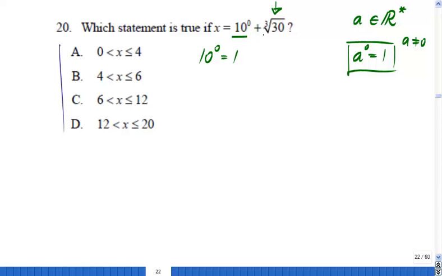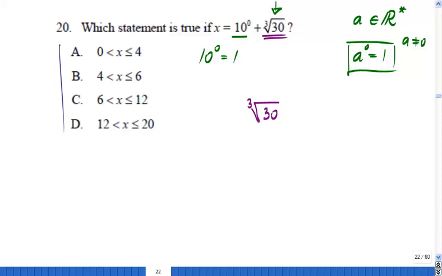Well, let's look at my second term in the expression that defines my variable x, and that's cubic root of 30, right? And obviously that's an irrational number, which I don't know exactly.